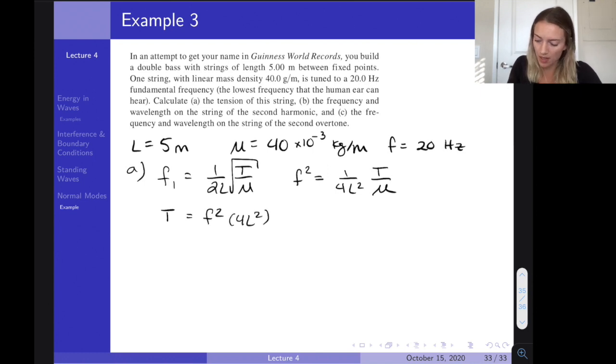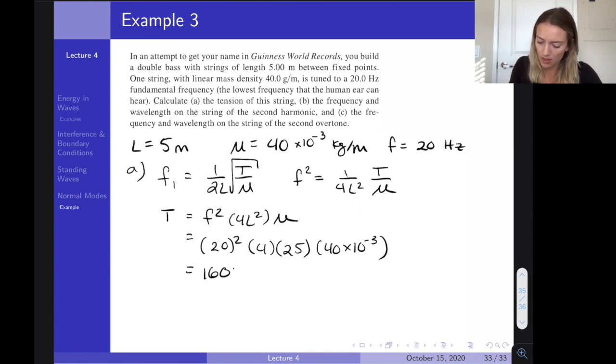And we just plug everything in. The frequency we said was 20 hertz, squared, 4 times the length squared, which is 25, and then mu we said is 40 times 10 to the negative 3. So then just plug these things into your calculator and you will get 1600 newtons. So this is the tension.